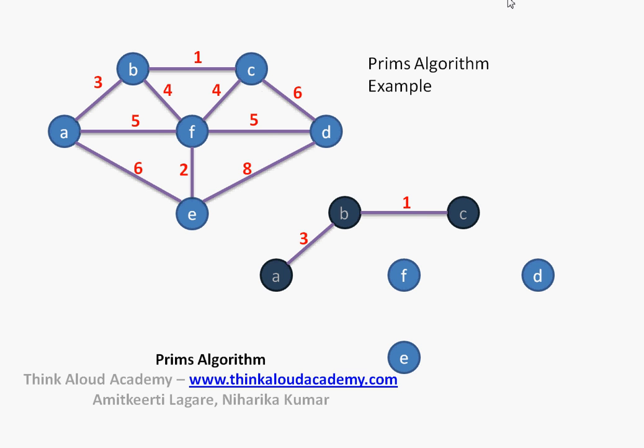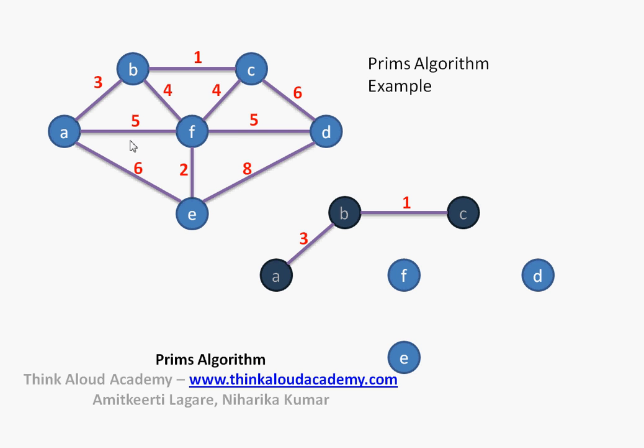So now I have 3 vertices and 2 edges connecting them. My next edge should be from any of the vertices that I have already selected, that is either B or A or C, to an unvisited vertex, and it should be the shortest. Looking again at the graph, I have 5 and 6 from A. From B I have 4 left over, and from C, the new vertex, I have 4 and 6.